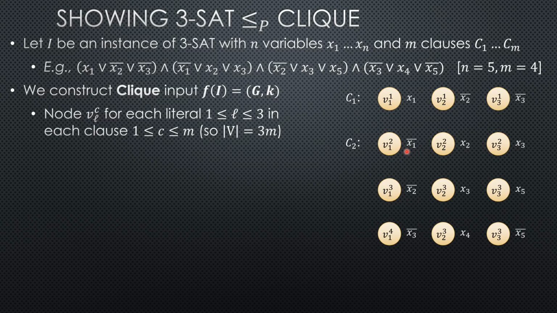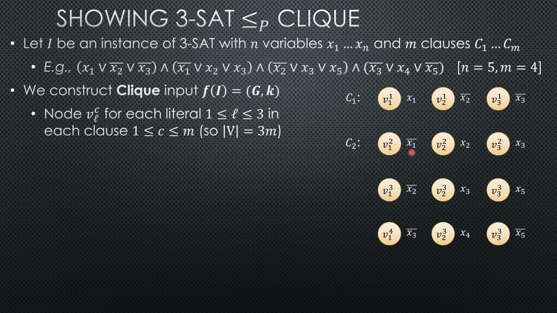I haven't encoded that in the number of nodes or whether I created a node or not. So the information about the relationship between the literals corresponding to these different nodes is going to have to be encoded in the edges of the graph.